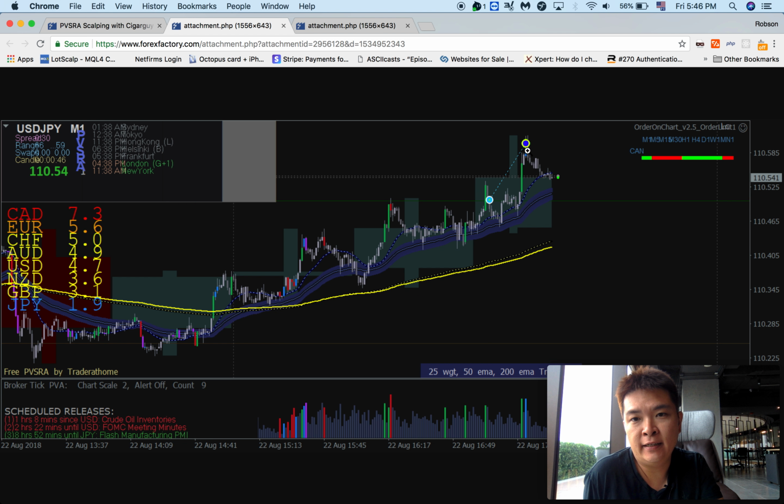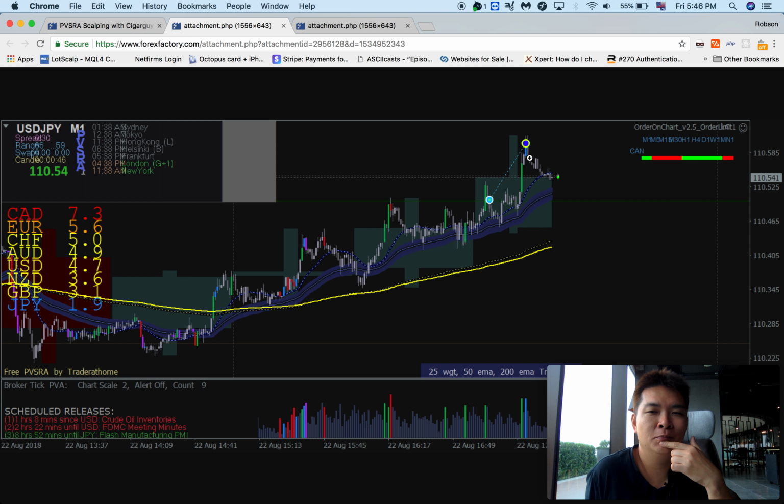After that, I got a candle that was not that big, but when you look at the volume here, the volume was huge. So what happens is that you have huge volume, but the candle itself on the chart doesn't really follow the huge volume. Do you know what I mean?